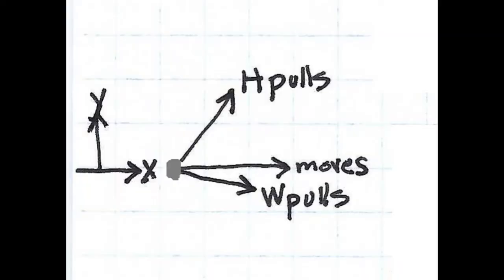The husband pulls at a 45-degree angle from the direction that the rock is moved. The wife pulls at a 15-degree angle from the direction that the rock is moved. And this is the drawing showing that direction of pull.